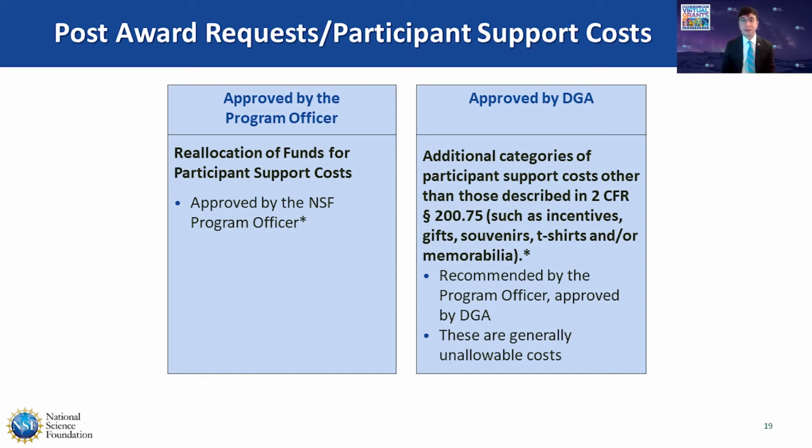The reason for this we had touched on before, but NSF requires a prior approval review to transfer funds into the other participant support cost category so that the grants officer can determine if the funding request is allowable.